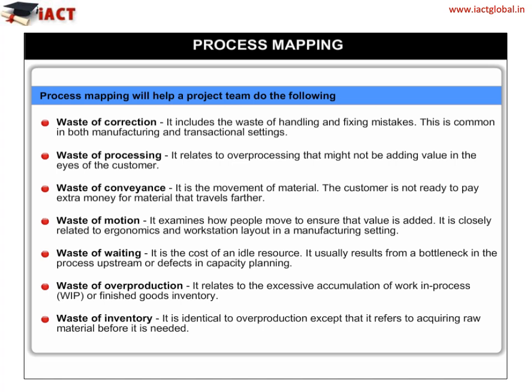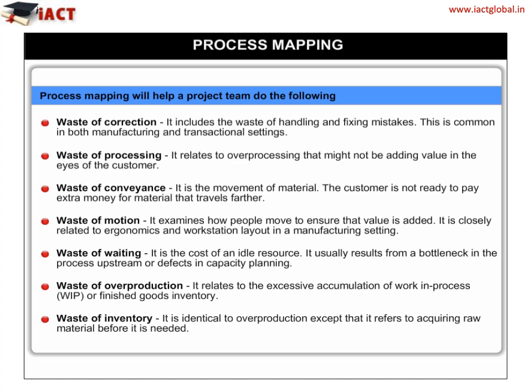Then comes 3 more types of waste: waste of waiting, waste of overproduction, and waste of inventory. These 3 types of waste come as the consequences of the 4 types of waste discussed above. Waste in these 3 categories is an insurance policy that the process owners purchase in order to compensate for problems in the way the process flows.